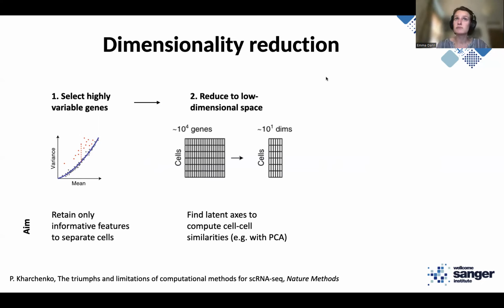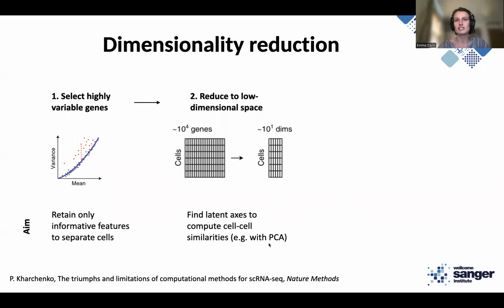Then we apply some sort of dimensionality reduction technique. The main technique used as a first-line analysis here is principal component analysis, which is used in a lot of genomics applications. I will not go into depth about how principal component analysis works.